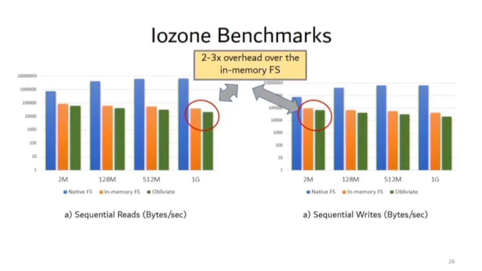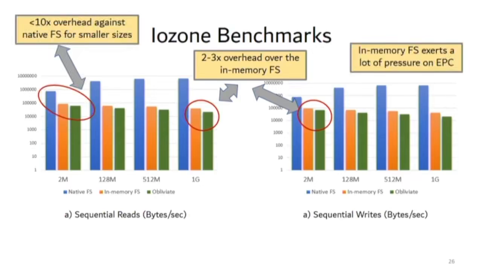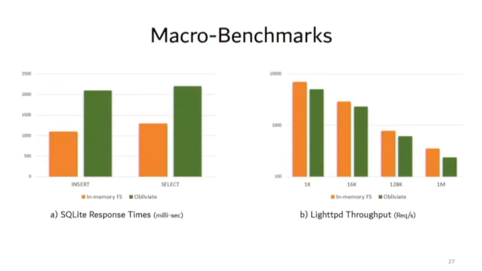If you keep everything within the enclave, that is not a good approach, because the enclave has very small physical memory, and the in-memory file system exerts a lot of pressure on it. When we compare very small file sizes, we are even comparable to the native file system. But when we go to larger file sizes, we lag behind by a degree, which is expected because the native file system is completely insecure.